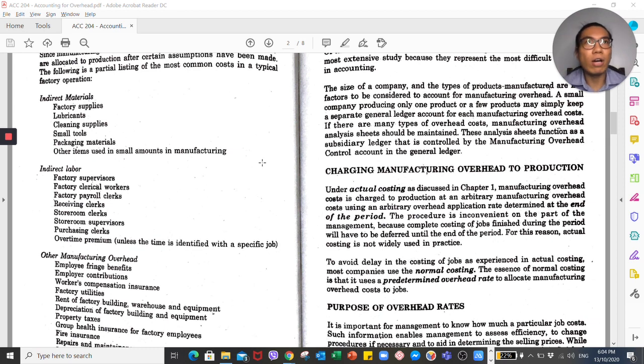Yan. Halimbawa, katulad din dito yung mga operating segments natin, sa actual practice. Wherein, there are some companies na dinidivide into segments yung company nila, and per each segment, magkakaiba ng product line.